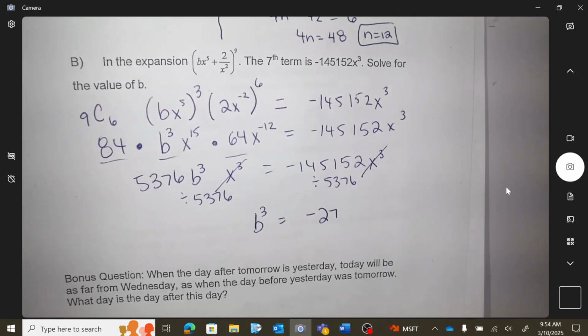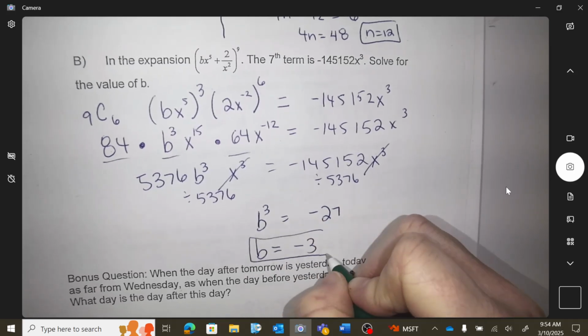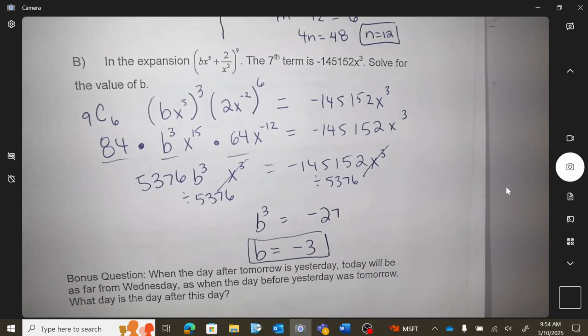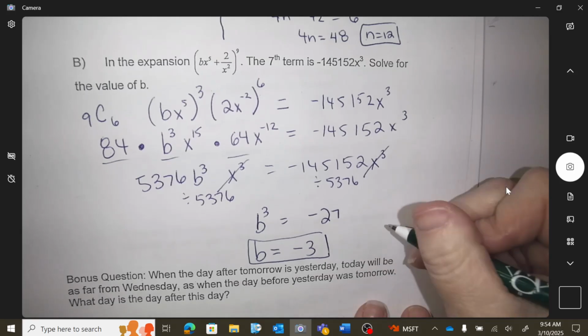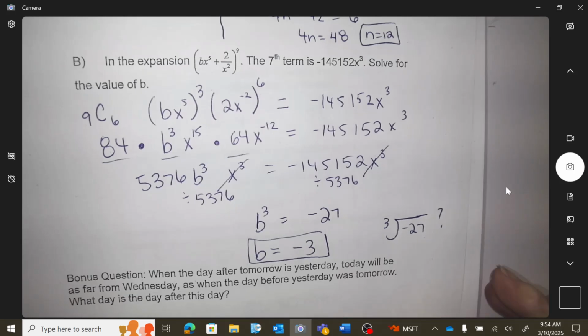And then you should be able to solve this with mental math. What times what times what gets you to negative 27? Negative 3. Okay? Do you know how to do this on your calculator if you ever wanted to just do that?